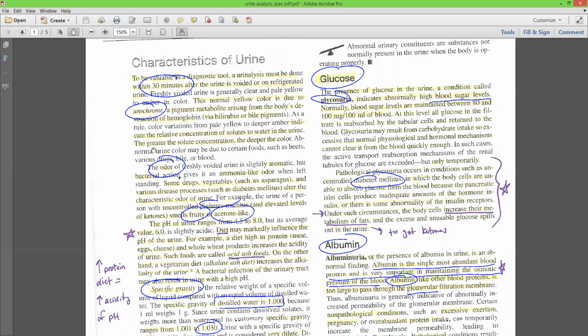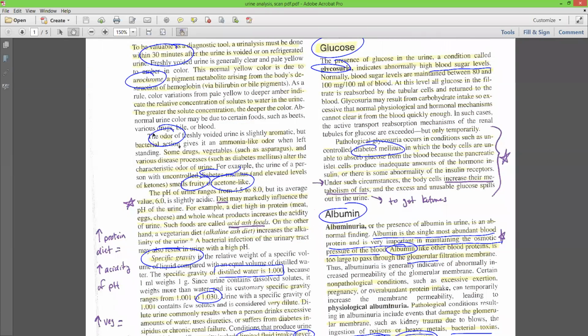Okay, there are things that can influence the color change. So medications, certain foods, food colorings, and dyes can change the color of the urine. Okay, another thing would be odor.